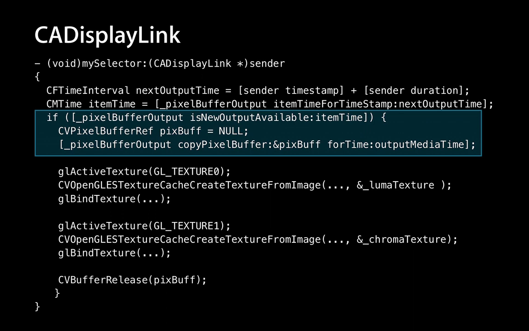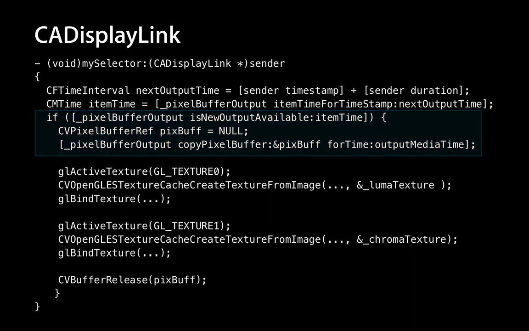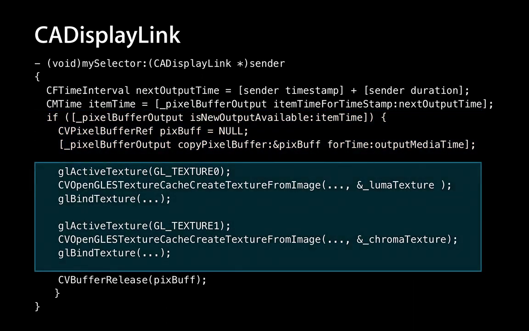If you're on iOS and you want to use OpenGL, now's your opportunity to create separate textures, one for Luma, one for Chroma, because that's the most efficient path, using a CV OpenGL ES texture cache. And what's also important to note here is CV pixel buffers are CF types that need to be maintained with CF retains and releases, even under ARC.